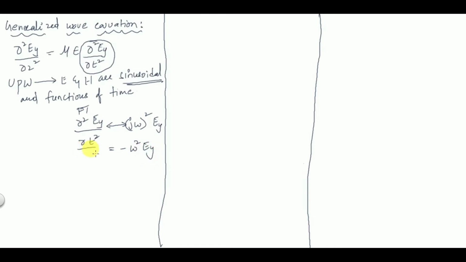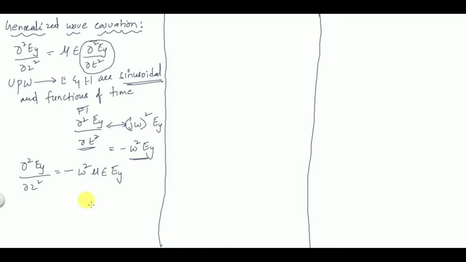So ∂²Ey/∂t² can be replaced with minus ω² Ey. If you replace it, what you will get? ∂²Ey/∂z² is equal to minus ω² mu epsilon into Ey.